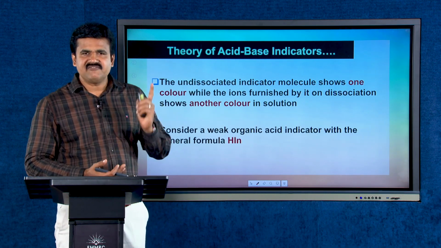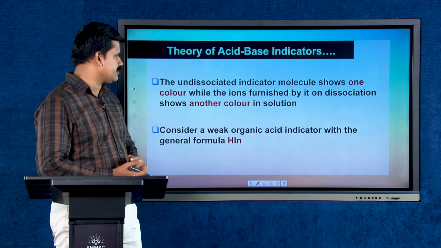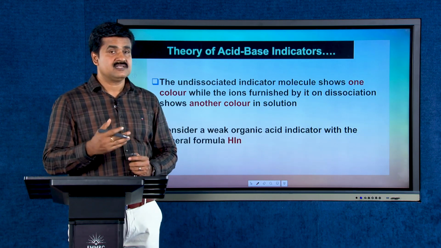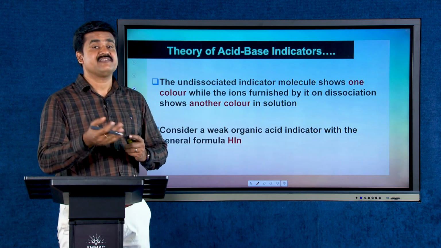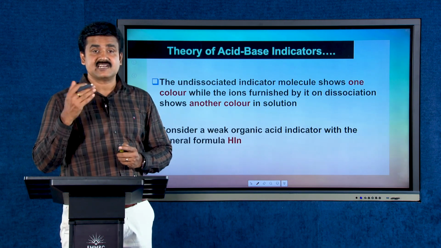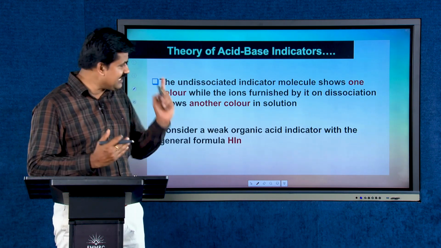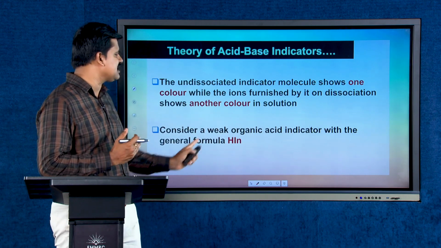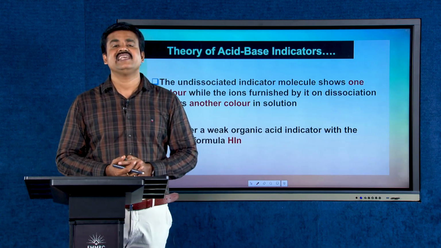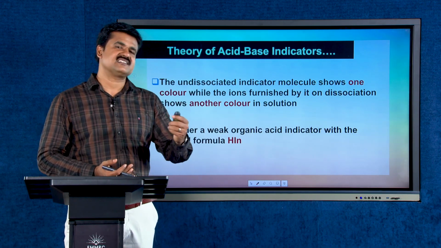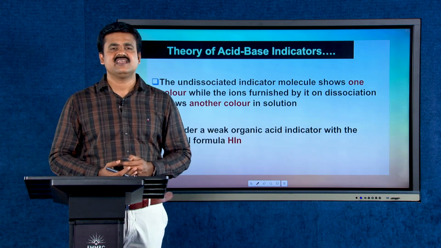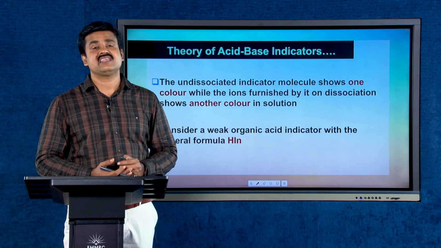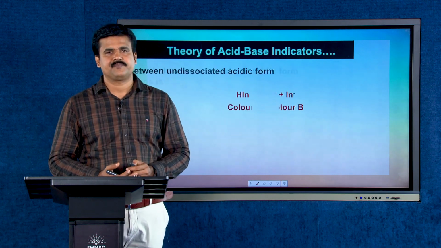Consider a weak organic acid indicator. According to Ostwald, the indicator may be a weak organic acid or a weak organic base. Now, for the sake of convenience, we consider the indicator as a weak organic acid. Let that weak organic acid have the molecular formula HIN. H represents the hydrogen part and IN represents the indicator part. So, HIN is the weak organic acid indicator.